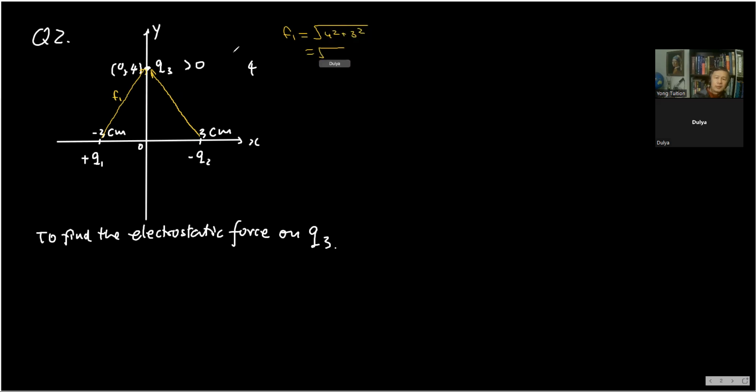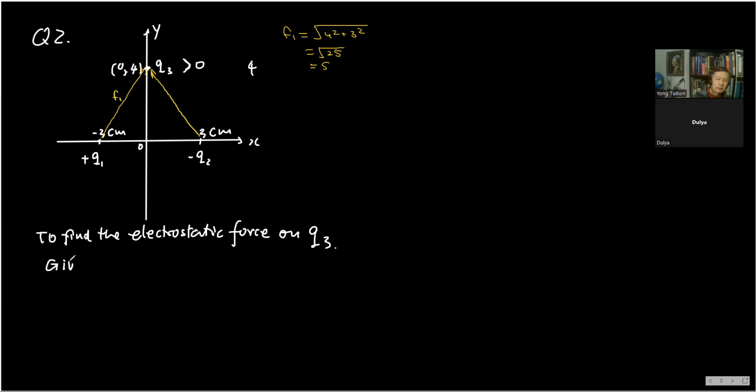Now you have to decide whether these forces are attracting or repulsing. Is Q positive or negative? Q3 is positive. I will give a number as well so that you can calculate.